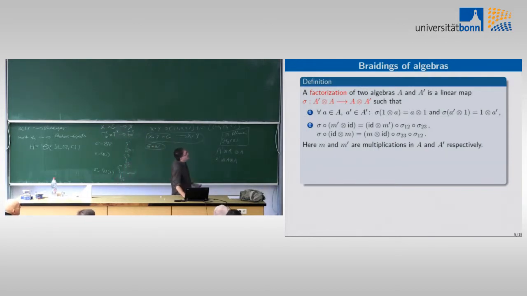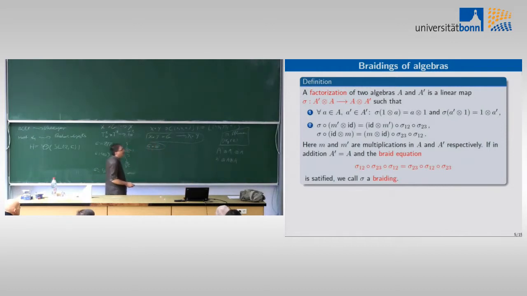When a linear map sigma satisfies such two properties, we call it a factorization, and you will see in a second why it's important. But we can request a little bit more. For instance, we can consider what happens when A prime equals A. It doesn't have to, but I don't want to go into braided categories. I just want to have one algebra. Then I can use these leg numbering notations quite freely.